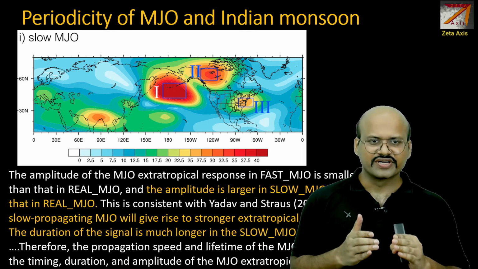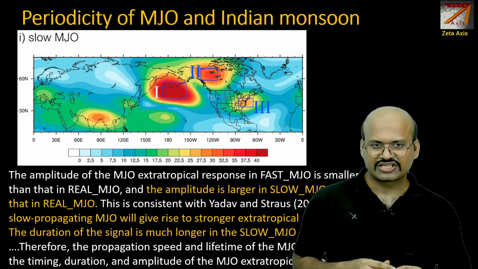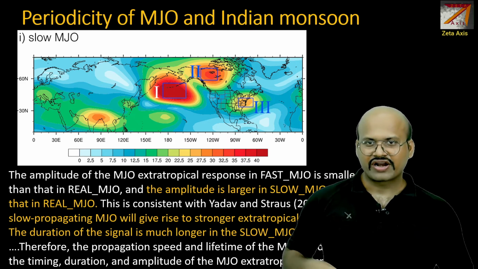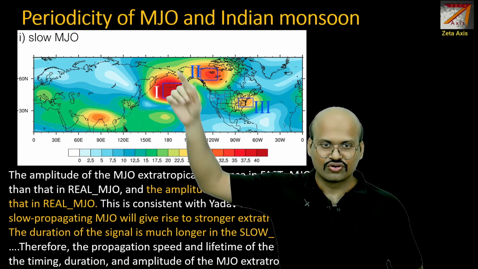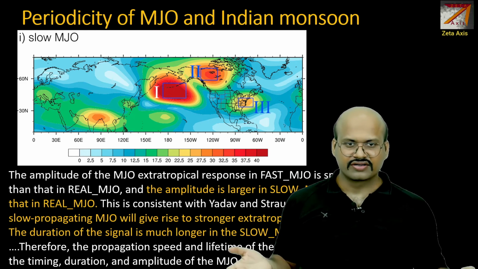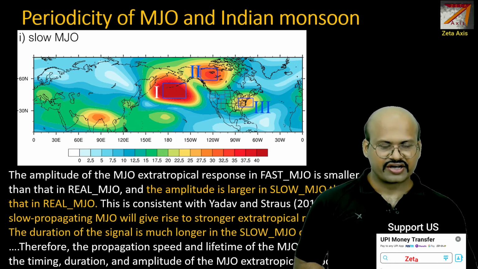But if this iceberg is moving at a very high speed, then it will impact the temperature over a very short distance. That is the reason for short cycle MJOs impacting the Indian monsoon less, and long period MJOs impacting Indian monsoons more.